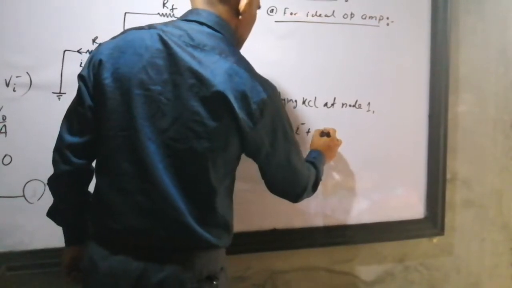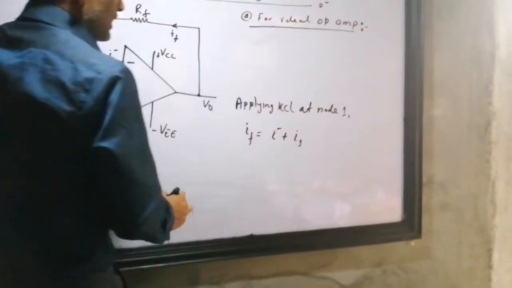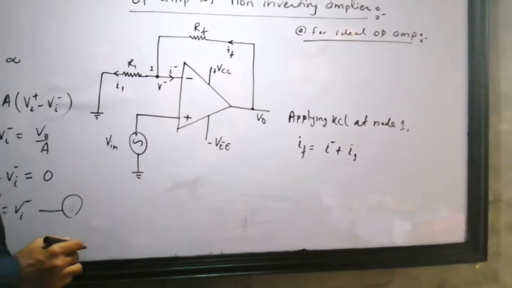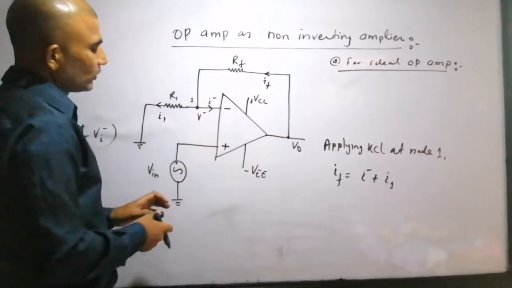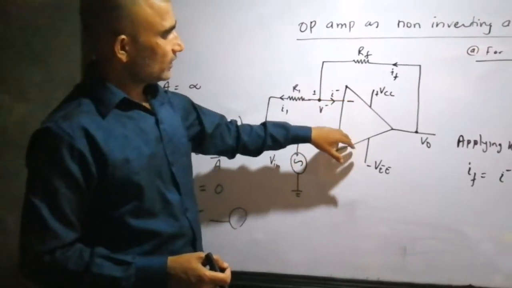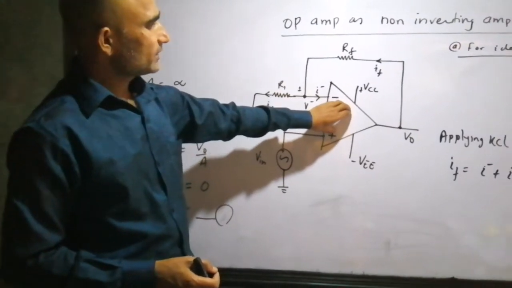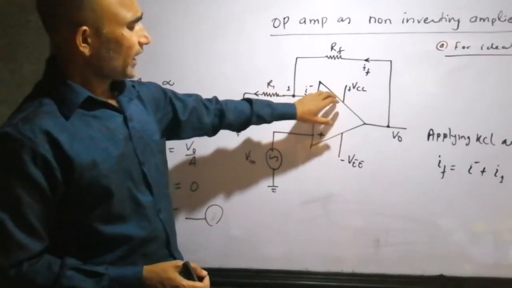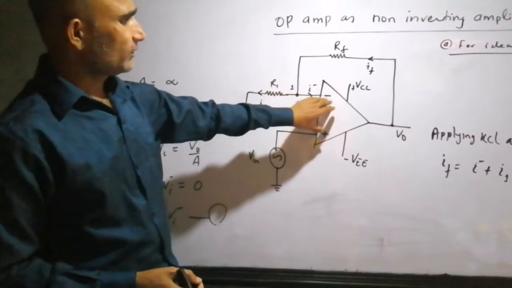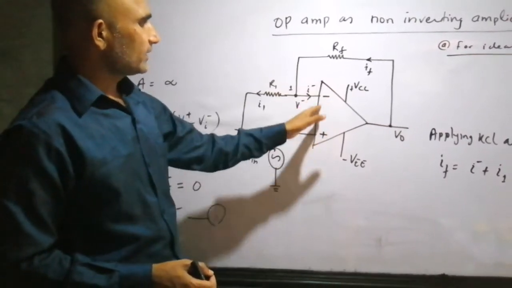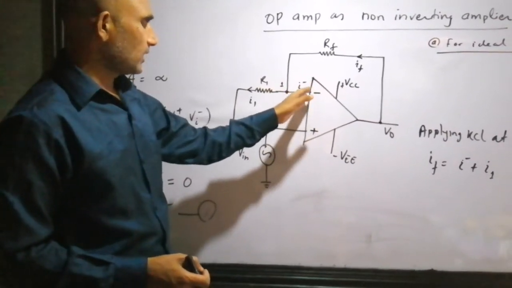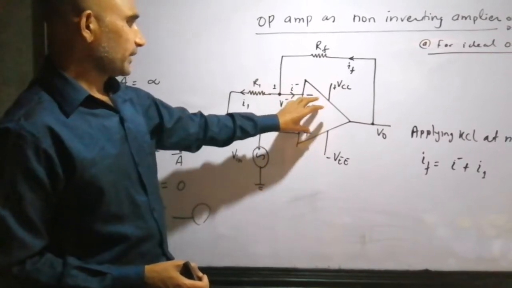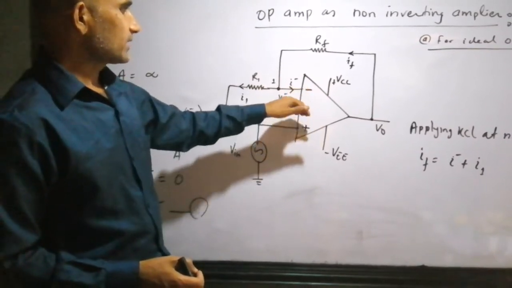Again we take one assumption: no current flows through the inverting input of the operational amplifier because of its very high input impedance. Ideally it is infinite. If there is infinite input impedance, then there is no chance of current passing through.